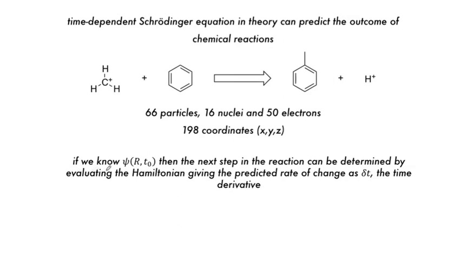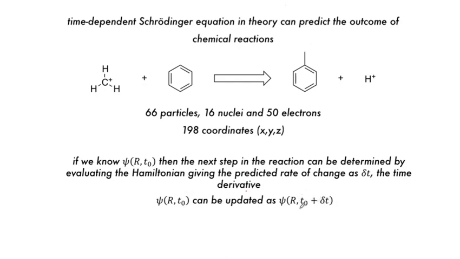If we know the wave function as it evolves through time, then the next step in the reaction can be determined by evaluating the Hamiltonian, giving the predicted rate of change, the time derivative. So that means that we can update our wave function to this one, which takes into account the changing time.